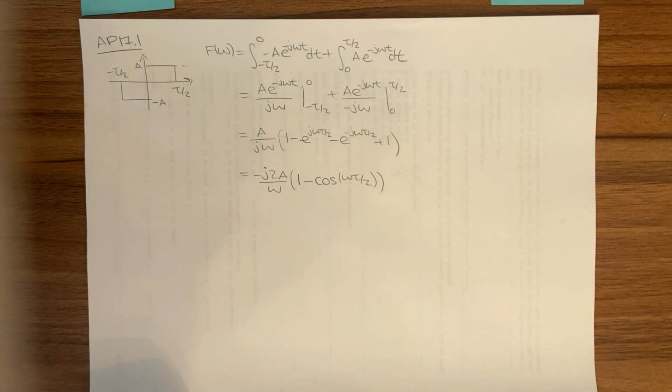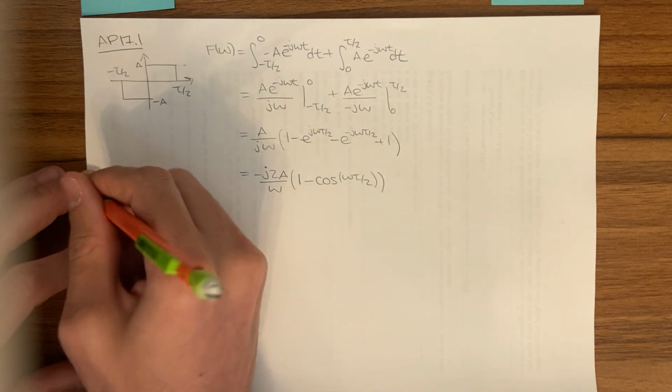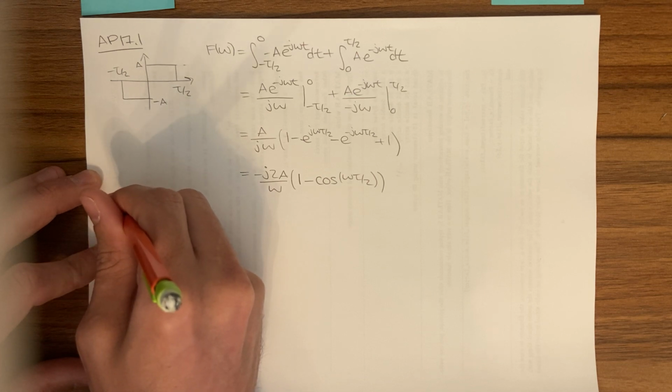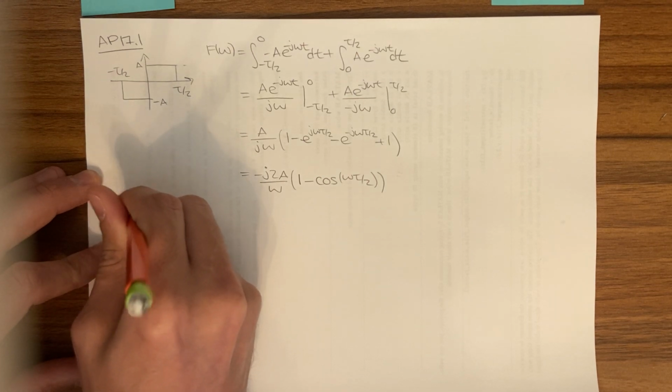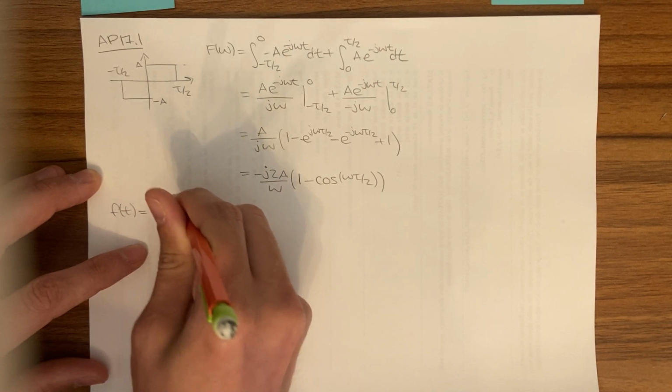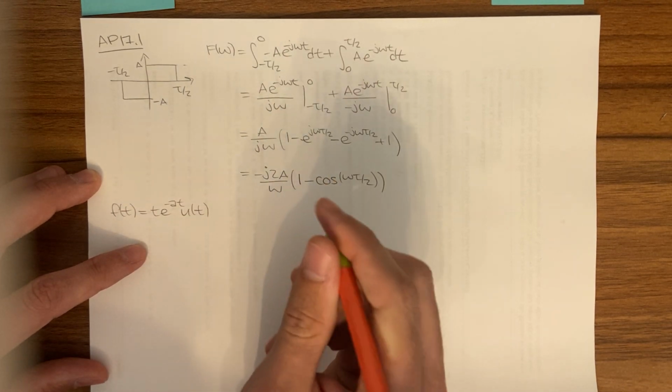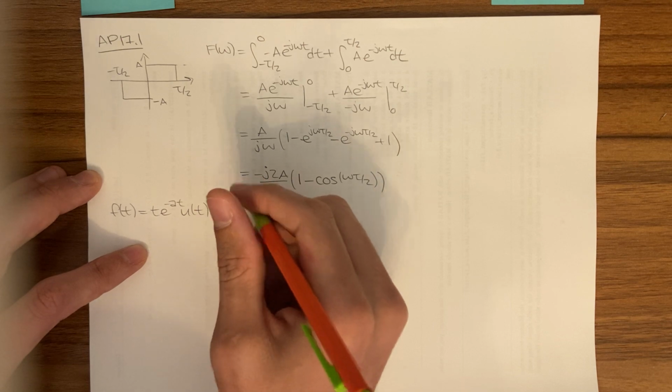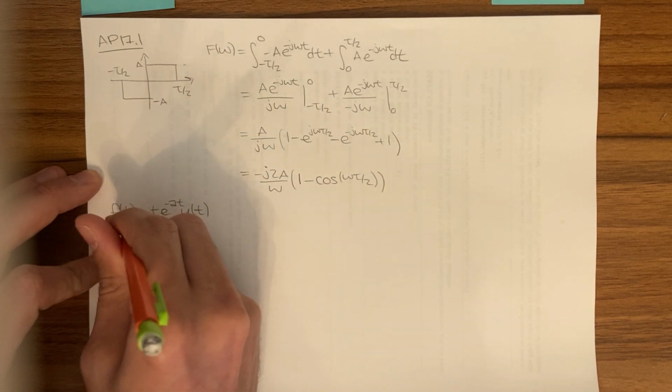Okay, cool. So let's do another example real quick. This one is going to be f of t is equal to t e to the minus at u of t. Okay, so we set up the Fourier transform.